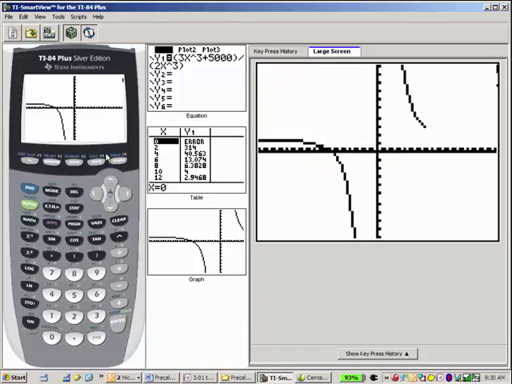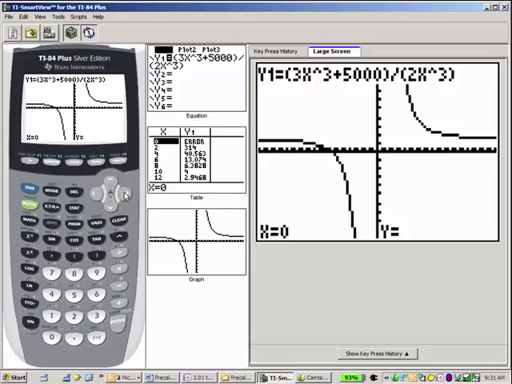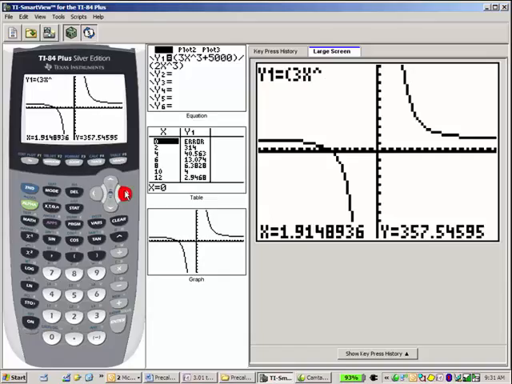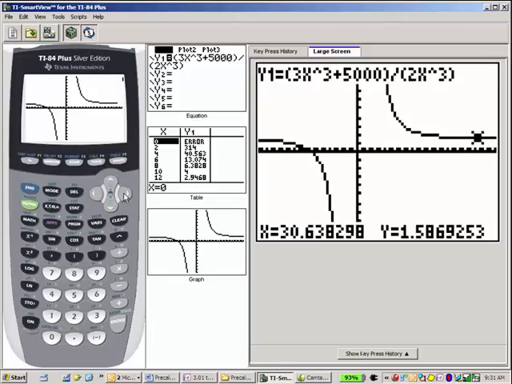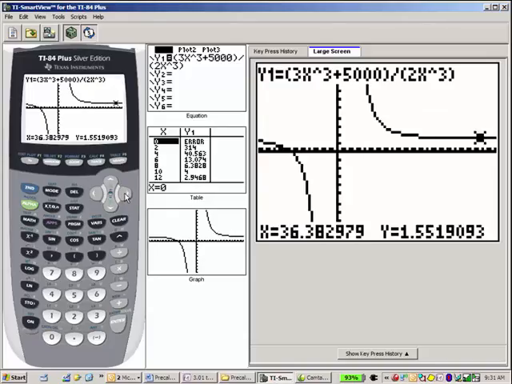If I were to trace, here's the little X point, and I'm coming down. It looks like maybe I'm getting closer and closer to the x-axis, but I'm really not. As a matter of fact, look at my y values. They're slowing down. What are they getting closer to? Yeah, 3 over 2, 1.5.